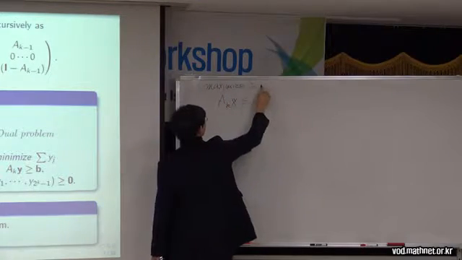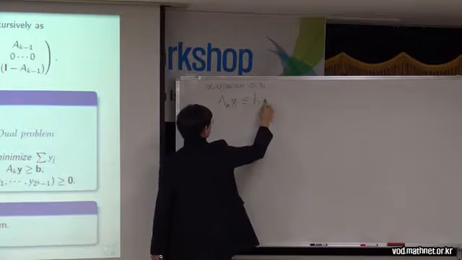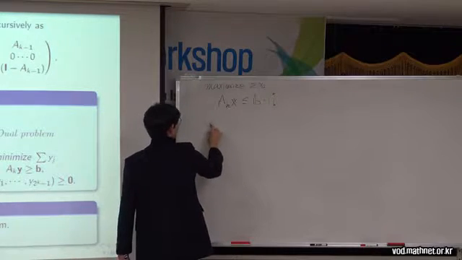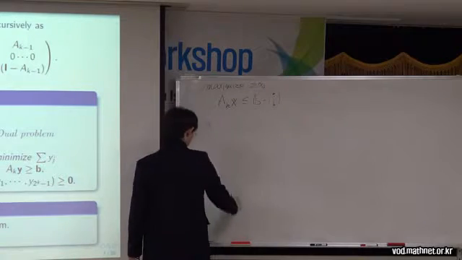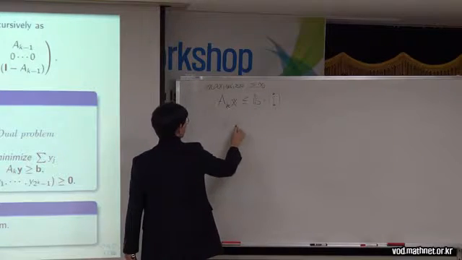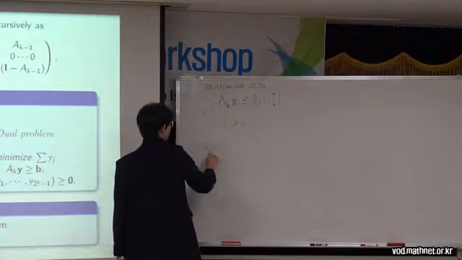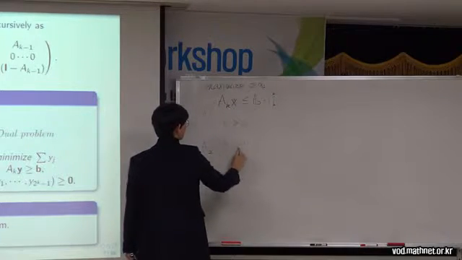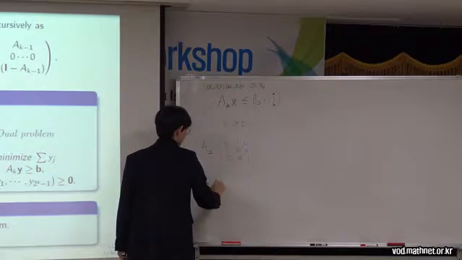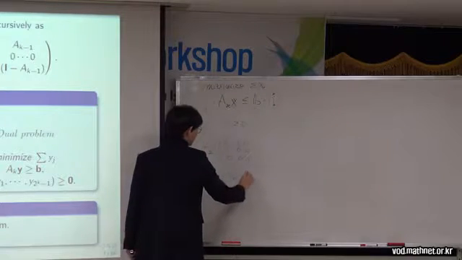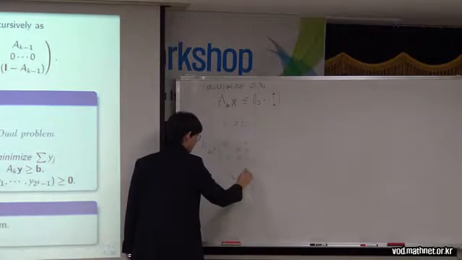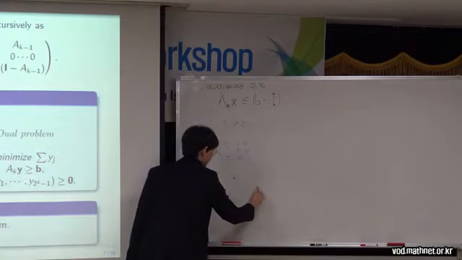Maximize the summation of xi, such that, here A2 is 0, 1, 0, 1, 0, 0, 0, 0, 1, and AK is 1, 1, 0.